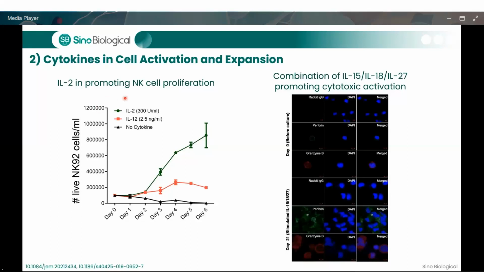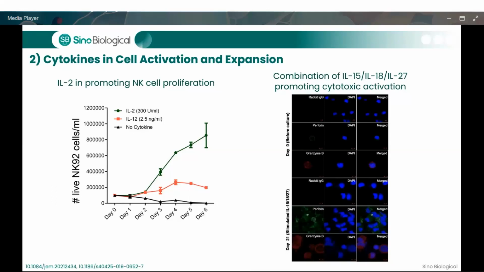On the left side, we can see that the researchers investigated the function of IL-2 and IL-12 during the proliferation of NK92 cells. The results show that after adding IL-2, the cells show a dramatic increase in expansion, and a similar effect can also be seen in the group with IL-12 treatment.